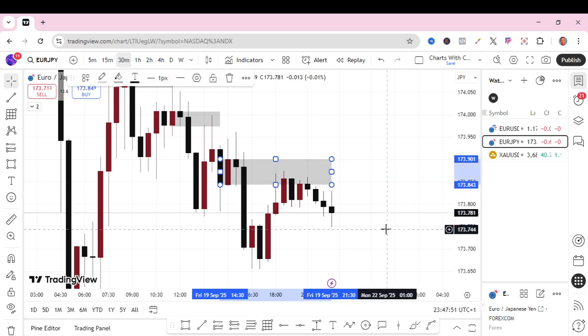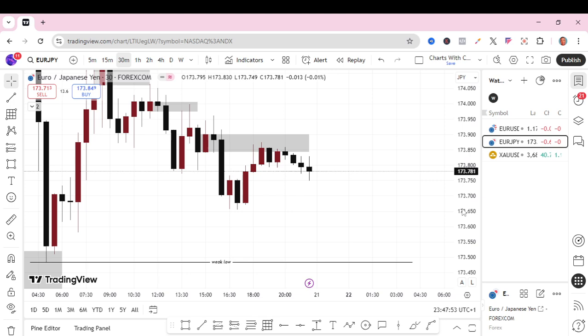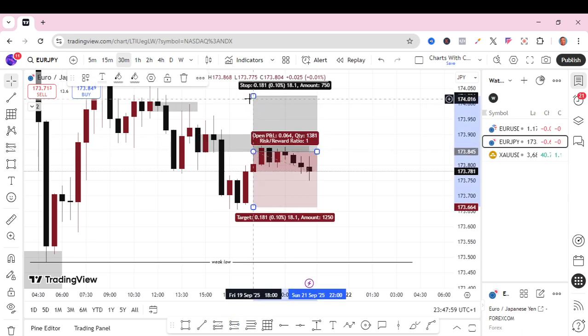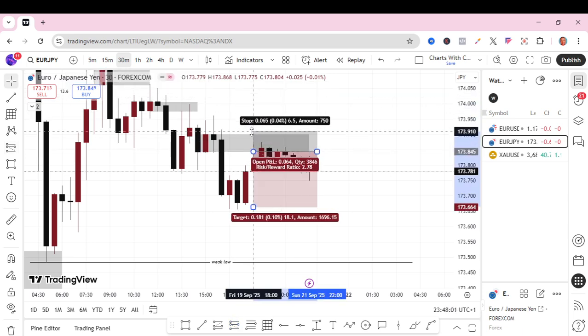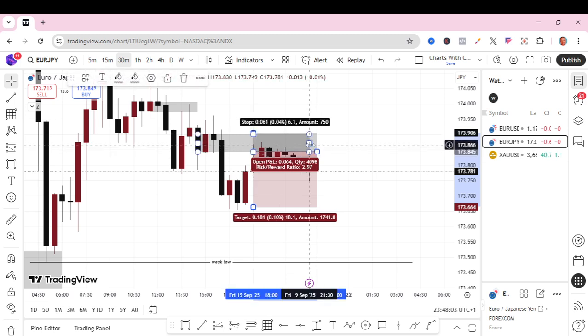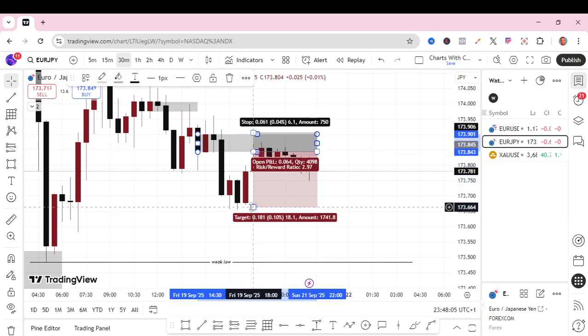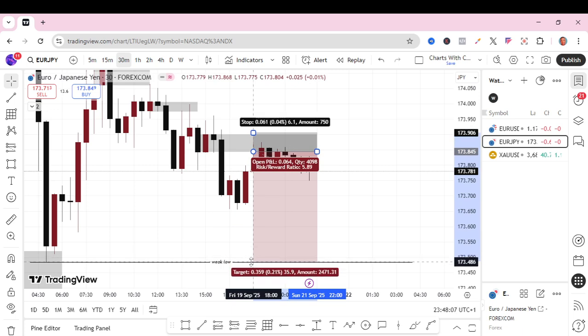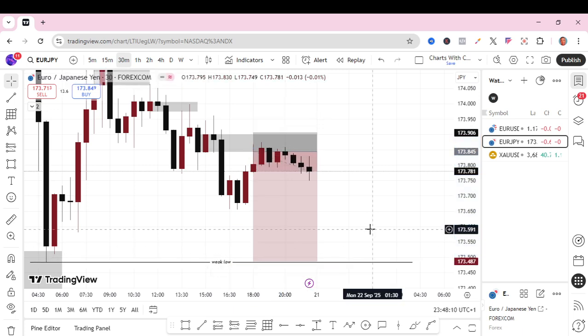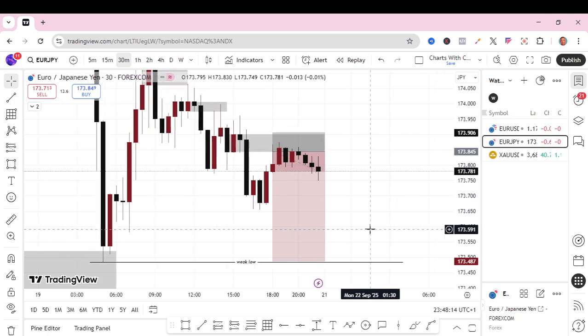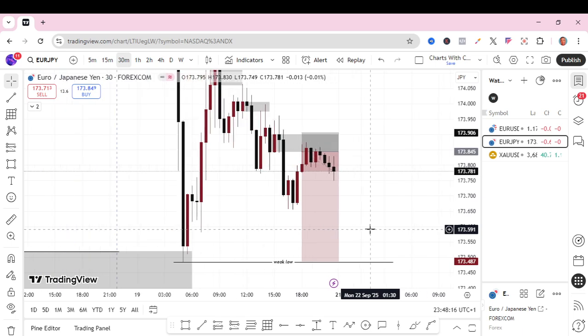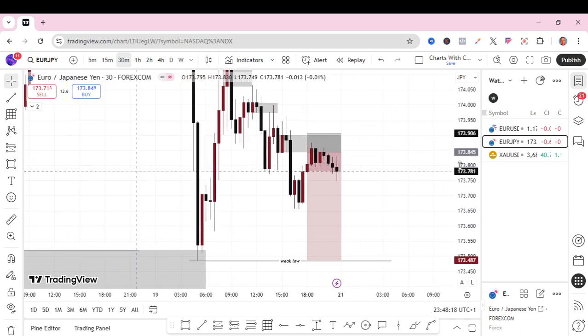I would have sold into taking out this low, because price is certainly coming for that low, right? Anything can happen, but from the analysis, you can see that price is coming for that low.